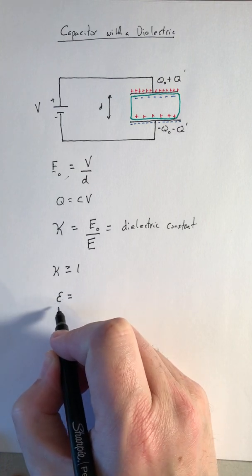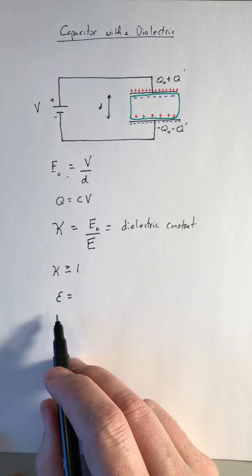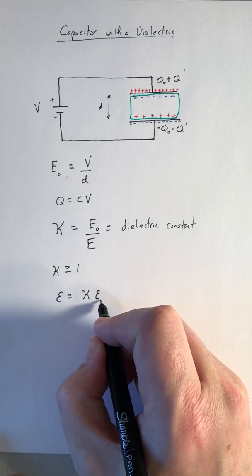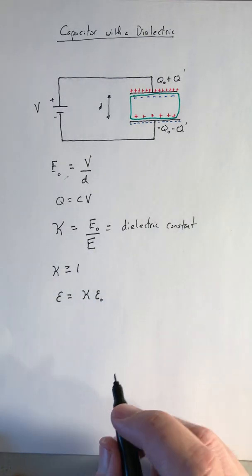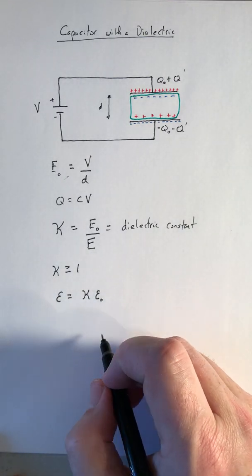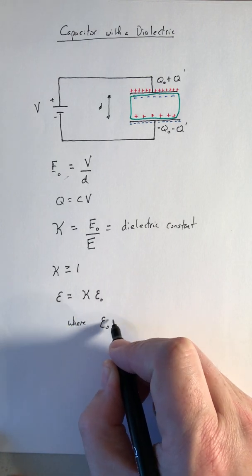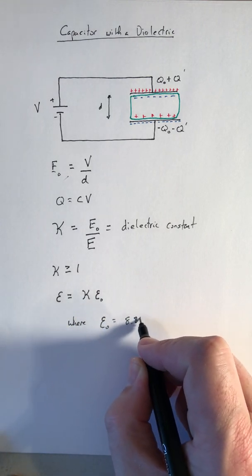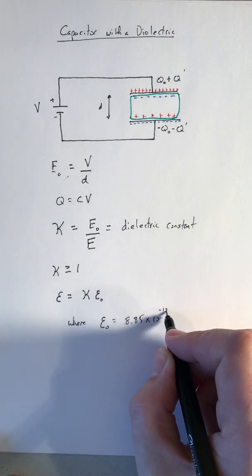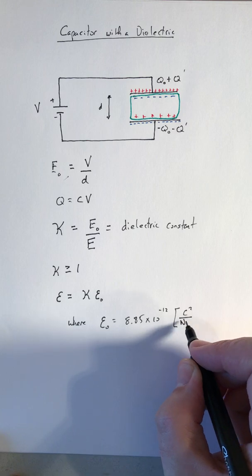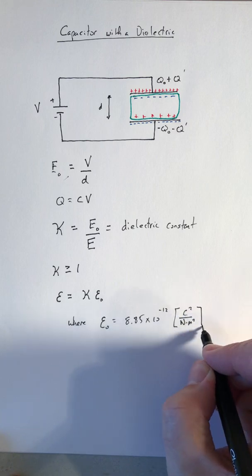In a material that could be polarized, the permittivity is going to be kappa times bigger than the permittivity of free space, epsilon naught. And epsilon naught was our 8.85 times 10 to the minus 12 coulomb squared per newton meter squared.